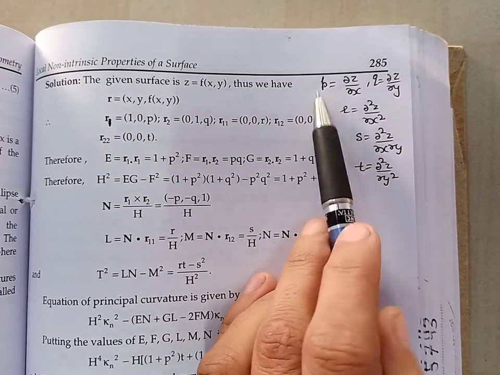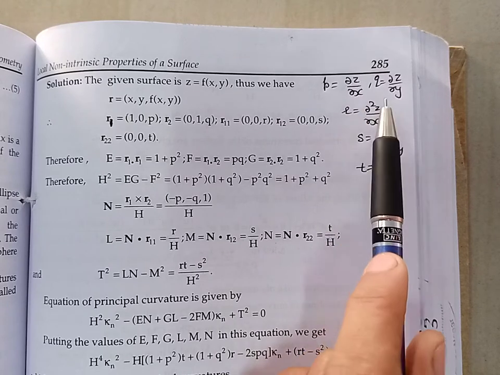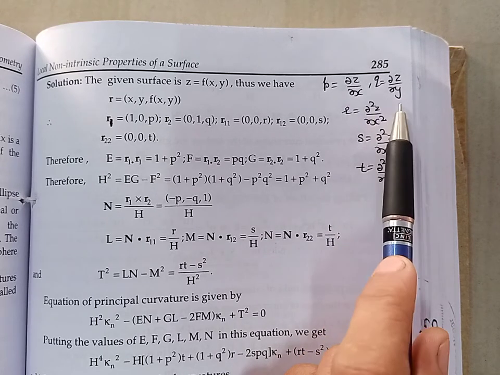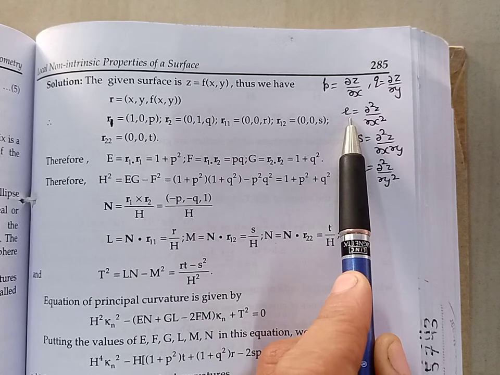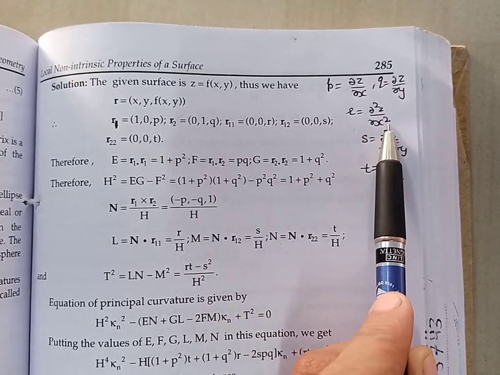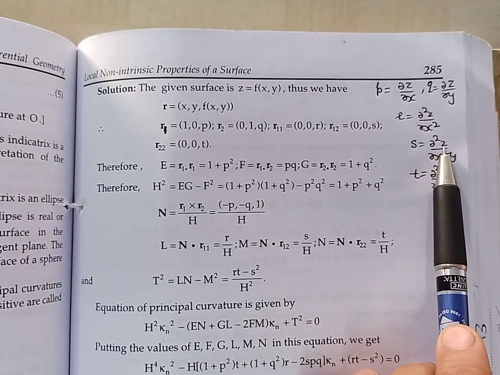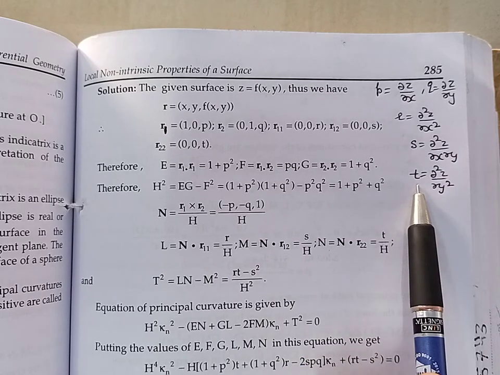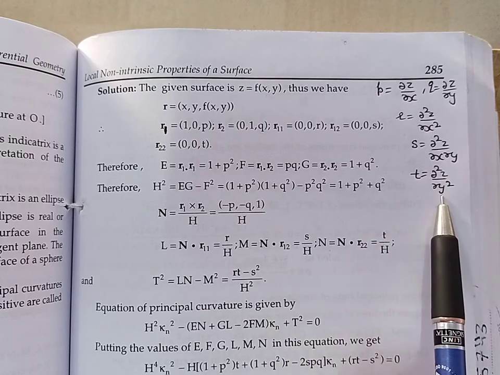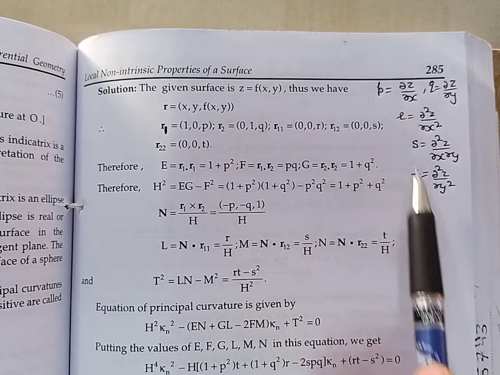Here p, q, r, s, t are given by: p is the partial derivative of z with respect to x, q is the partial derivative of z with respect to y, r is the second order partial derivative of z with respect to x, s is the second order partial derivative of z with respect to x and y, and t is the second order partial derivative of z with respect to y. So we'll use these five notations p, q, r, s, t.